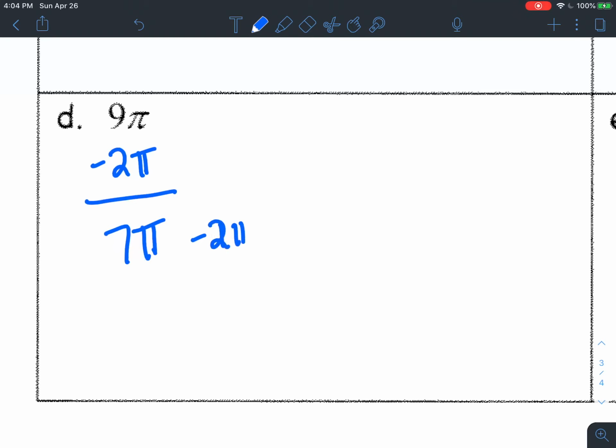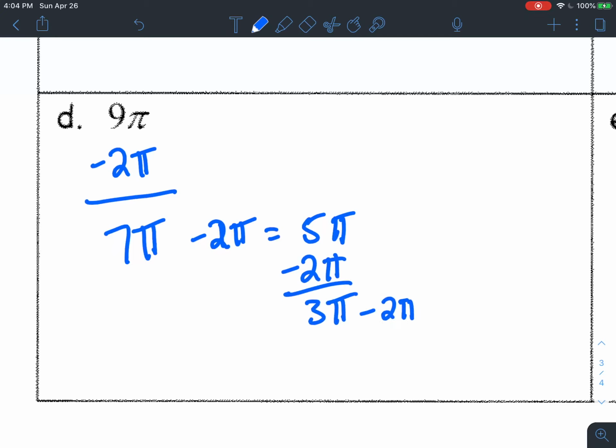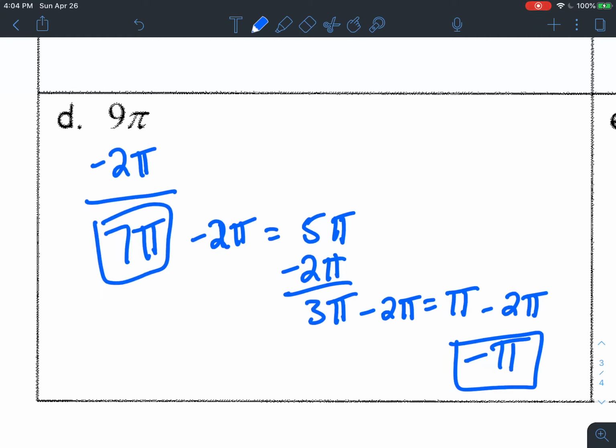So minus another 2 pi would be 5 pi, minus another 2 pi would be 3 pi, minus another 2 pi would be pi. And then if I finally subtract off another 2 pi, the first time we hit a negative angle is negative pi radians. And then any of these could be used as a positive coterminal angle with 9 pi.